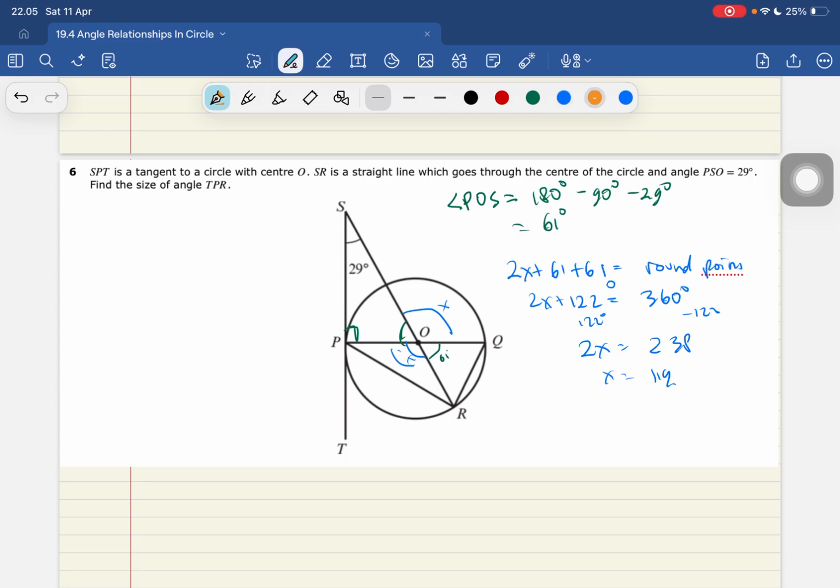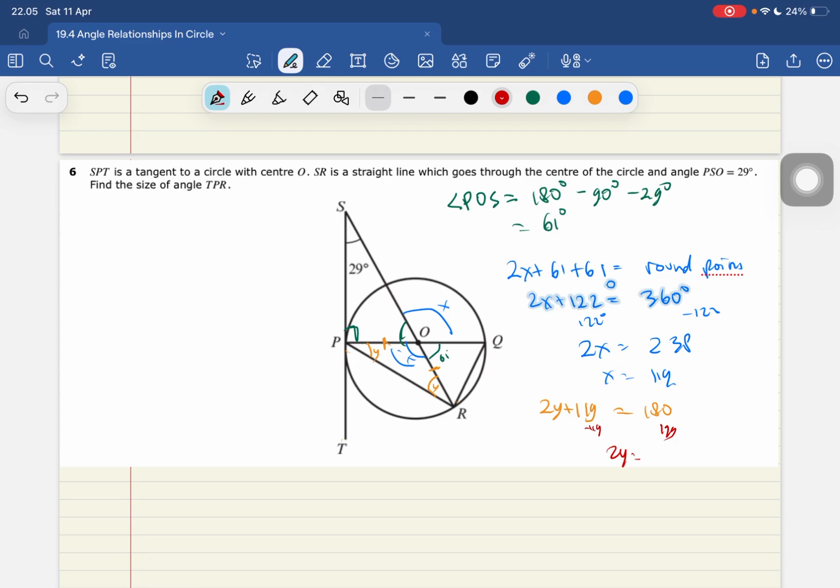Here is the isosceles triangle. If we would like to find TPR, first let's find this angle here. Let's call it y. So 2y plus 119 equals 180. We minus 119 from both sides.